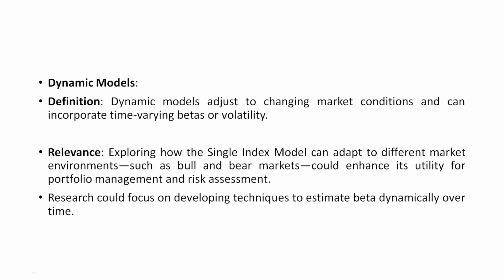And the dynamic model which I talked about earlier is adjusting to market conditions. If there are any changes in market conditions which need not be part of the systematic or unsystematic risk we have already discussed, this can have an impact on beta and on the volatility of the individual stock, but may or may not be reflected in the market index.